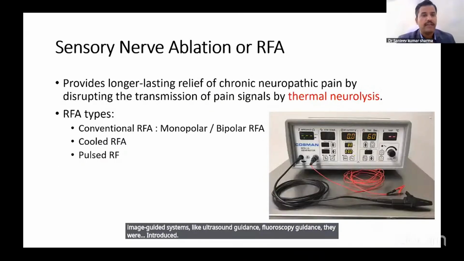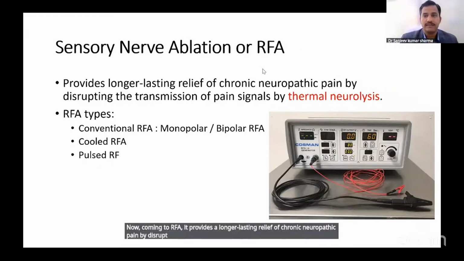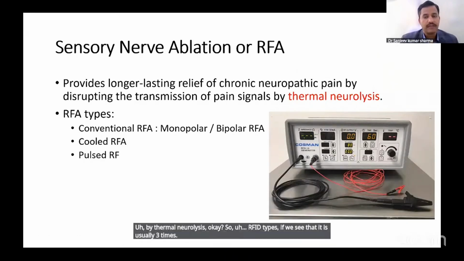Now coming to RFA, it provides a longer lasting relief of chronic neuropathic pain by disrupting the pain signals by thermal neurolysis. RFA types are usually three: conventional RFA, in which you use either monopolar or bipolar RFA, cooled RFA, and pulsed RFA.